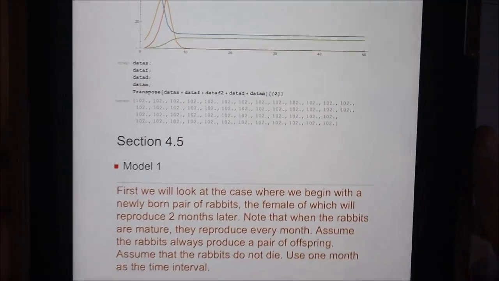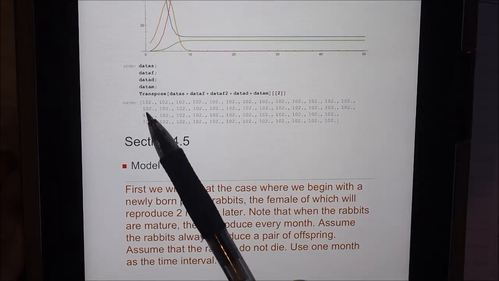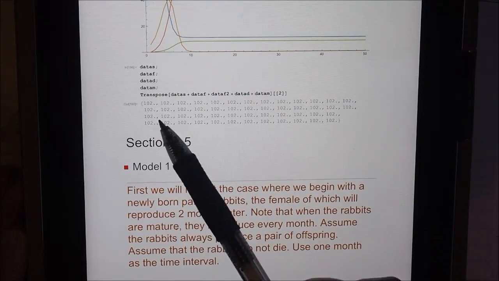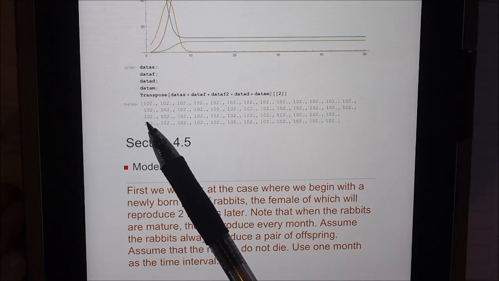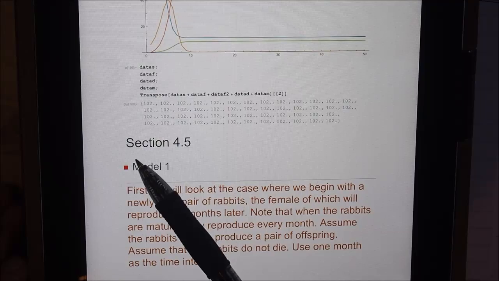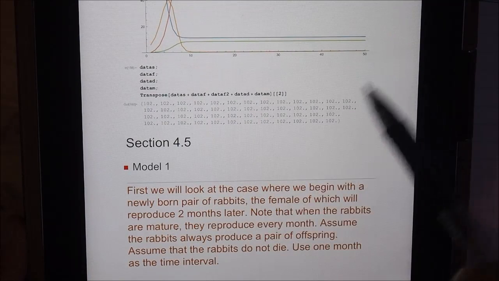And then what I've done here just below is I've added up for every time step, every time slice in this picture, I've added up all these numbers. You see I've got 102 for all of them, 102, 102. And what that is, the 100 people in the population and 2 people that are infected that are initially put into that population. And that's what kind of kickstarts the whole process.